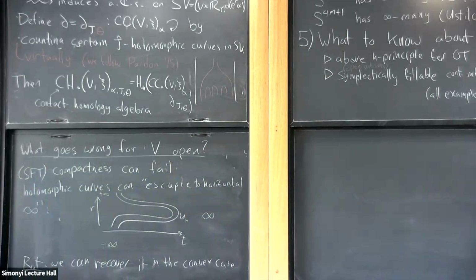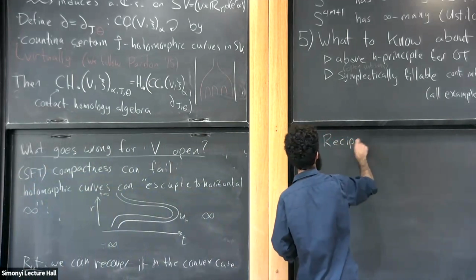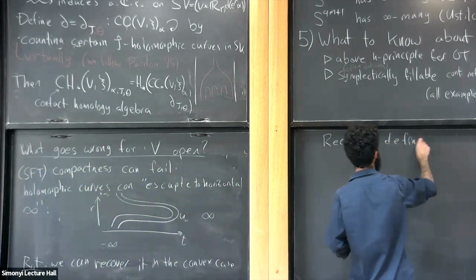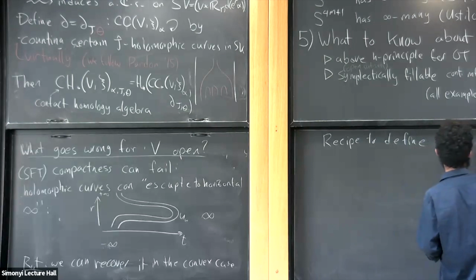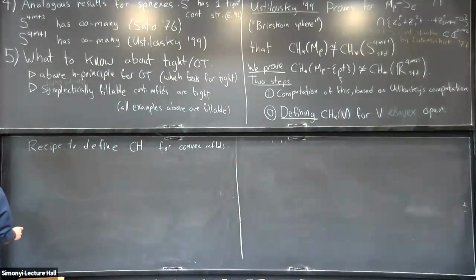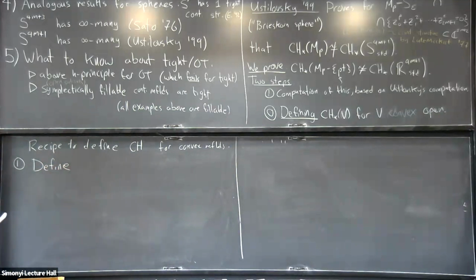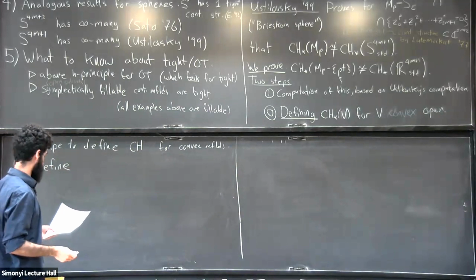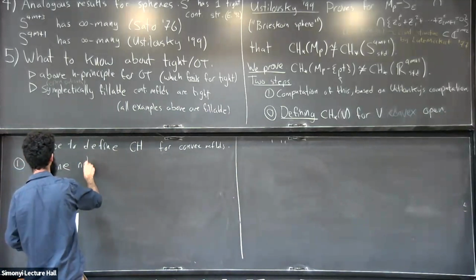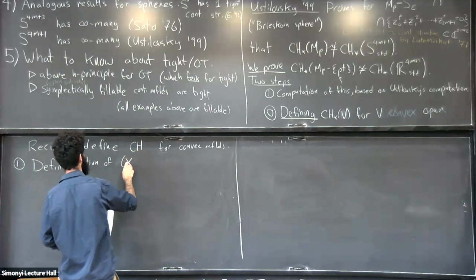So the recipe for defining the thing that we want to define in the convex case is the following. First, we define a certain class of contact forms and almost complex structures that we want to admit, and it'll depend on the convex structure.